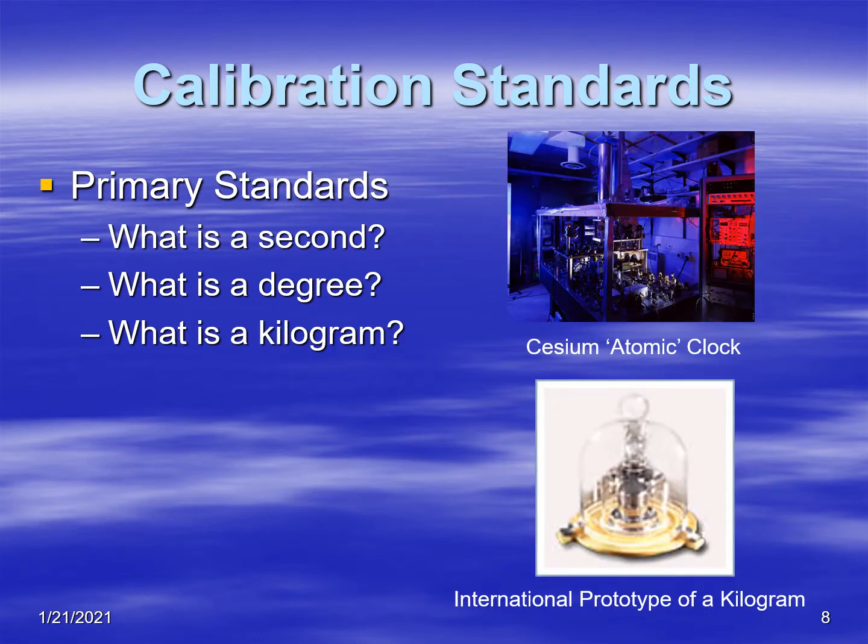What do we mean by standards for measurements or calibration standards? These are things that do not change and that everybody agrees that that is the value that we use. For example, the international kilogram, for the longest period of time, they had a cube of metal that was precisely 1 kilogram.